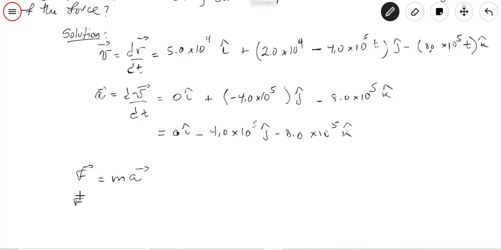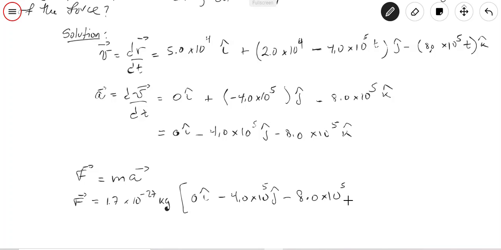So the force here will be equal to the mass of the particle, 1.7 times 10 to the power of negative 27 kilograms, times 0i minus 4.0 times 10 to the fifth j minus 8.0 times 10 to the fifth k.